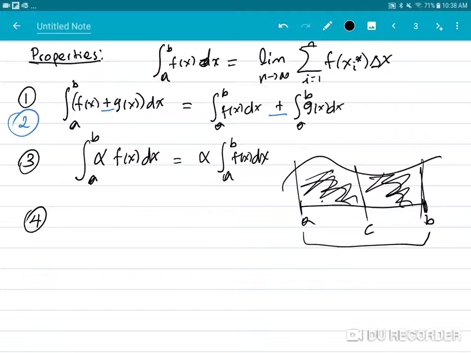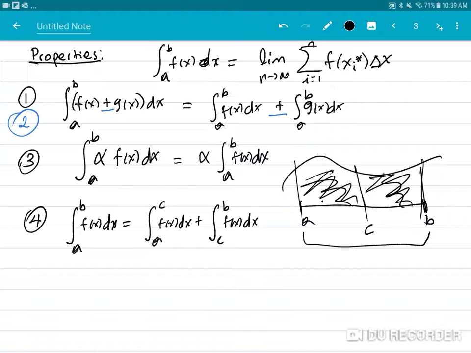If you think about it in area form, that works, or if you think about it as a net area, that also works. But the limit of the sum will allow you to break it into two integrals. So what I'm saying here is the integral from a to b of f of x dx is the integral from a to c of f of x dx plus the integral from c to b of f of x dx. Okay?